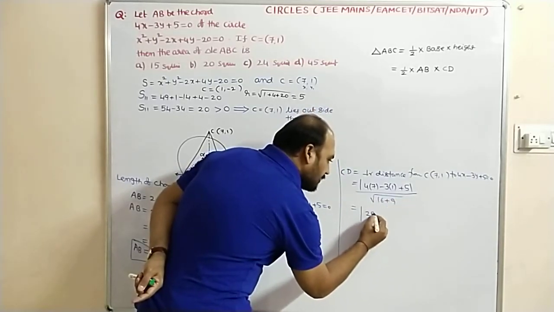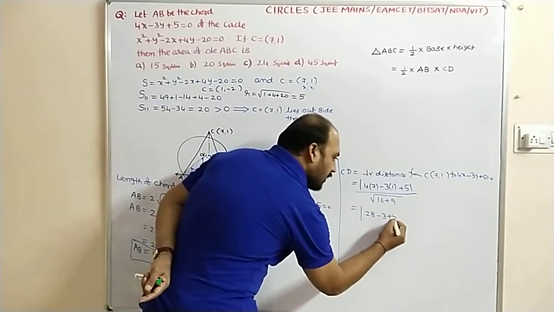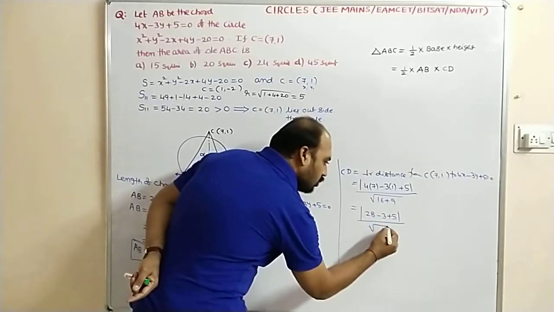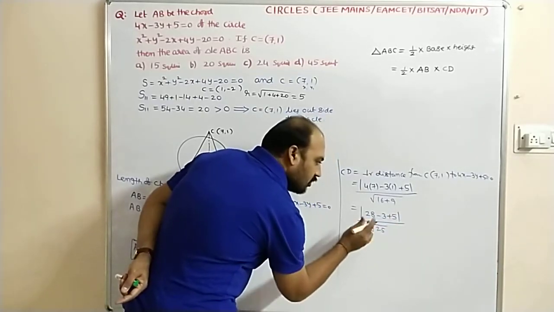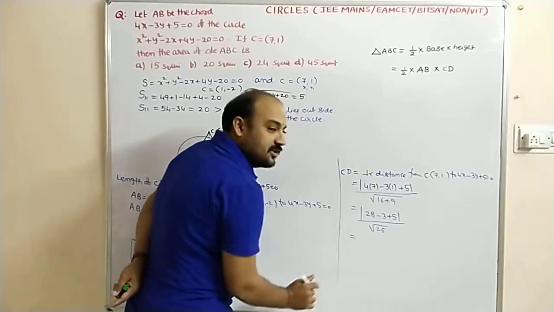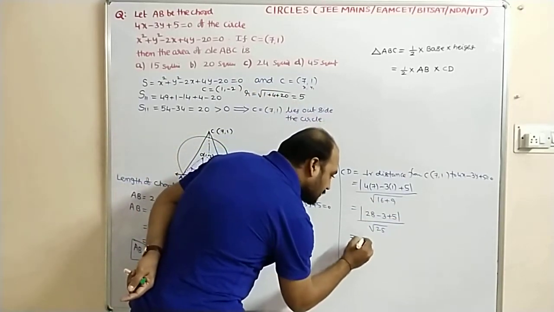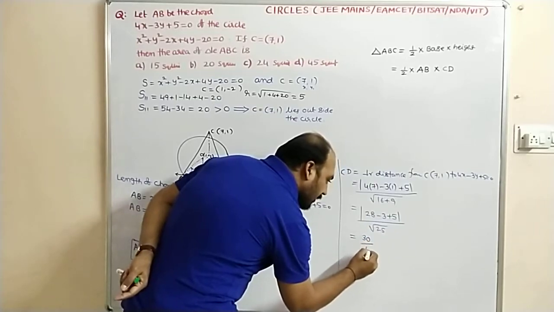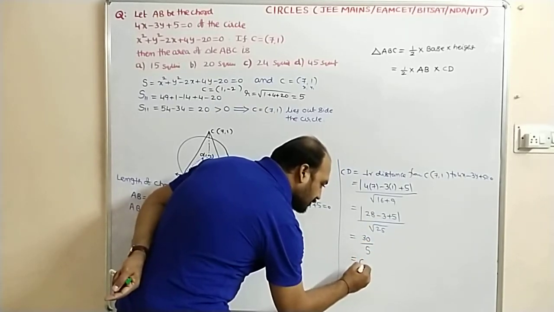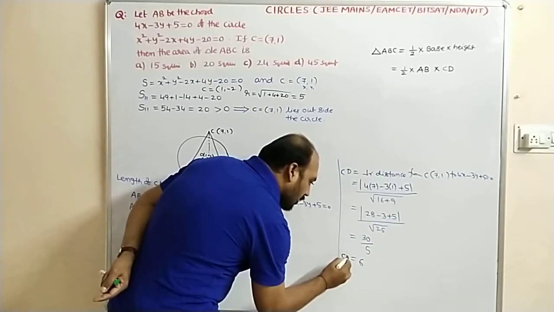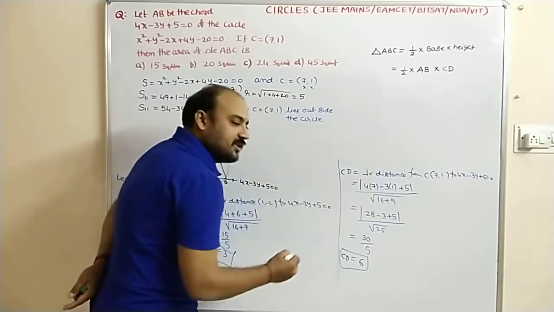That is 28 minus 3 plus 5 divided by root 25. 28 plus 5 is 33, 33 minus 3 is 30. 30 divided by root 25, which is 5, is equal to 6. Therefore, the value of CD is equal to 6.